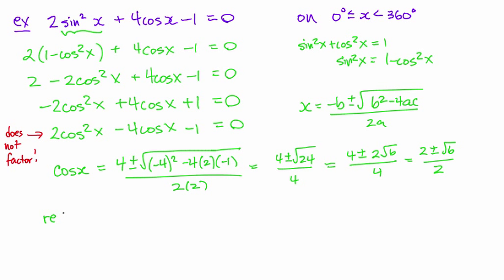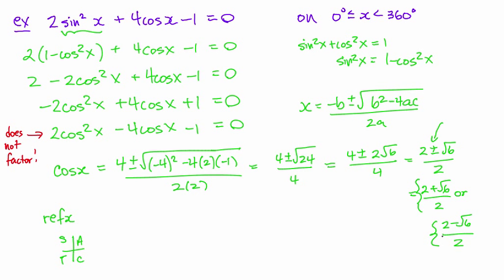If I want to find my reference angles, it does get a little bit tricky. I'm thinking about ASTC. I've got a couple of solutions. There's 2 plus root 6 over 2, or 2 minus root 6 over 2. And so I've got two solutions for this one and two solutions for this one.